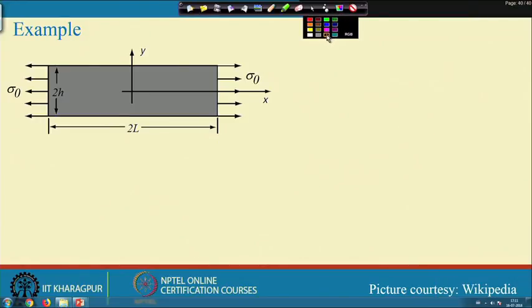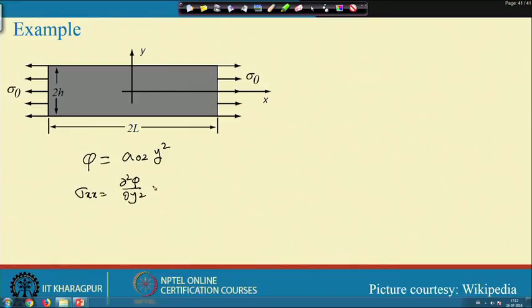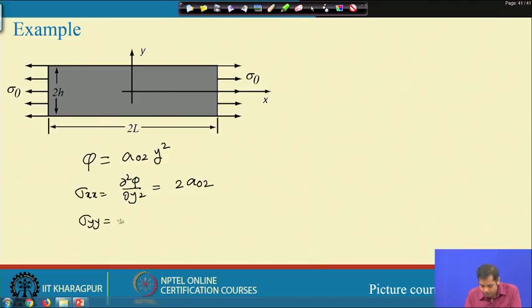Now, once we have this, let us move on. So, we have expression of phi as phi is equal to A02 y square, and then what we have is sigma xx is equal to del 2 phi by del y2, which is equal to 2 A02, and sigma yy is equal to sigma xy is equal to 0.